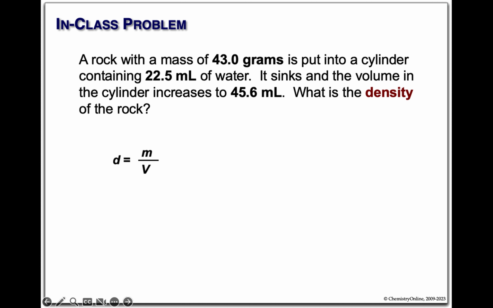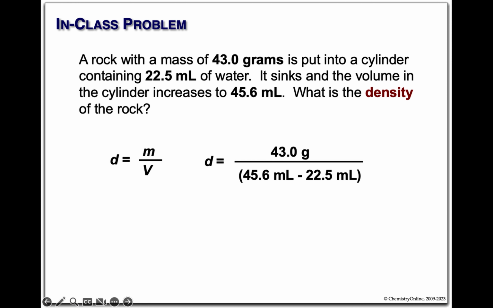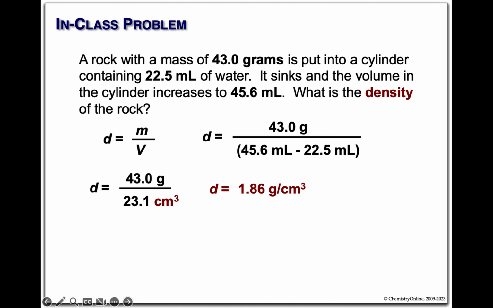Mass divided by volume, 43. Simply the difference here gives the volume. That's 23.1 mils, which is the same as cubic centimeters, remember. Do our simple division. 1.86 grams per cubic centimeter.